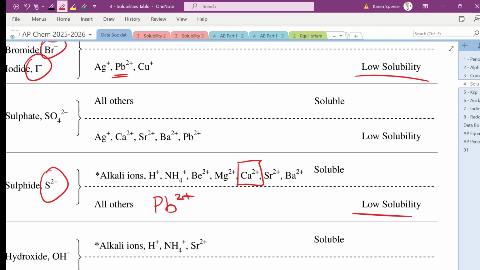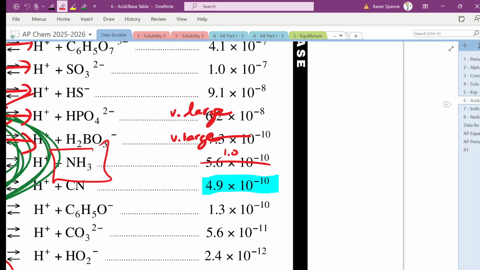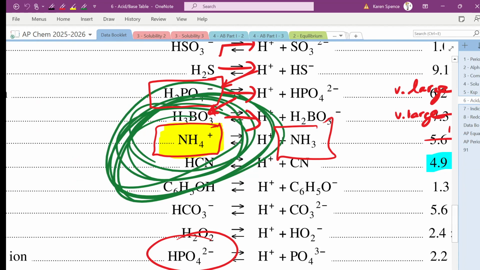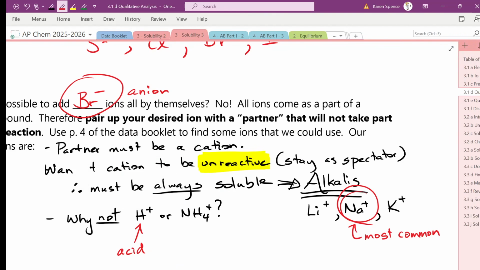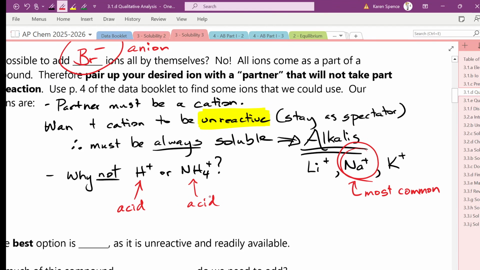I got very excited and circled it in green in the last block. Ammonium is an acid. Can we guarantee that these acids will not react with other ions that are present? No, okay? So these might cause side reactions.